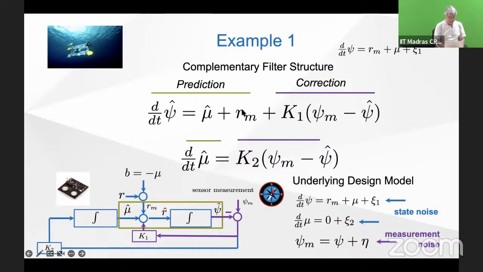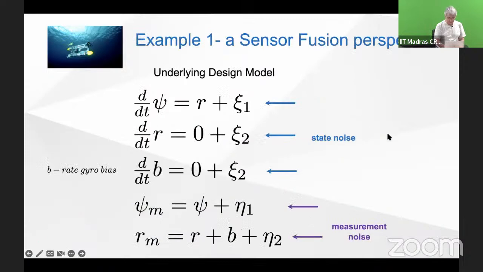And some people like to see the rate gyro measurements appear as true measurements, so they go through that more complicated thing. I personally don't like it. Essentially, they say the design model is the derivative of psi is rate plus noise. That's an approximation you have to make. I'm going to assume that the rate is going to change very slowly. It's approximately 0, which is not the case. Then you have to learn the bias.